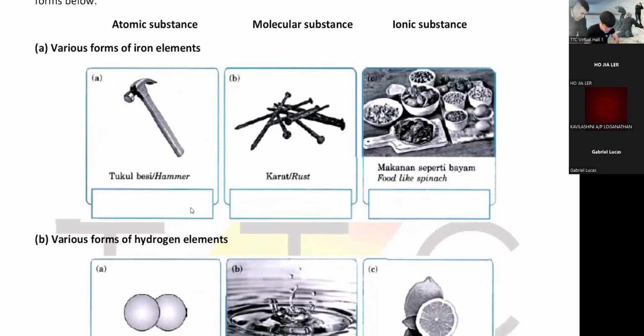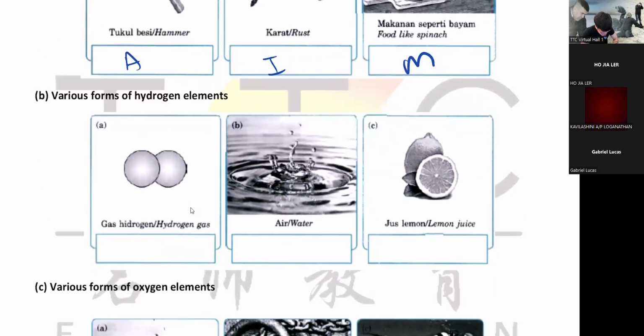So anyway, this iron hammer definitely is atomic. I'm just going to write A here. Rust is ionic. Okay, food is molecule. Right, next, hydrogen. Hydrogen as a gas is a molecule because it has 2 atoms. Water is also molecule.